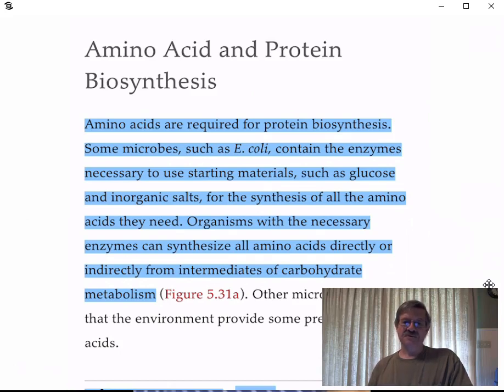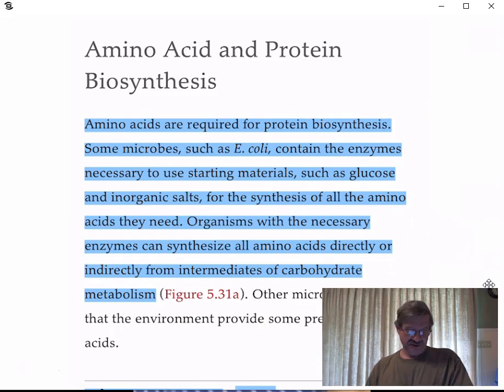And so they can make all the amino acids necessary that they need from the various intermediates of carbohydrate metabolism. Now, that is something that we cannot do. Okay? That we, being humans, animals, we cannot do that. We have to obtain intact amino acids from other organisms.